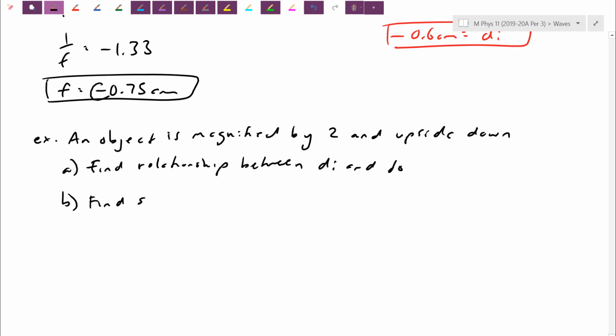Find the sign of f for the lens and identify the curvature.